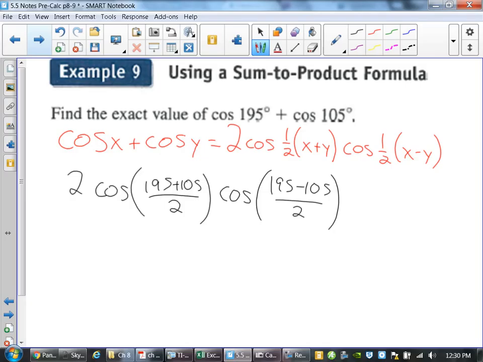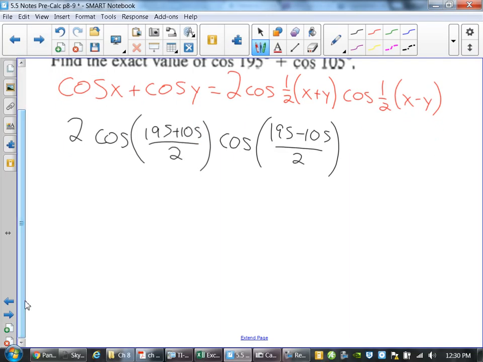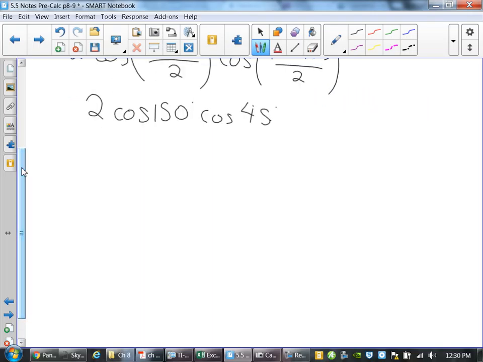Anyway, 195 and 105 is 300. Half of that is 150. I understand. 195 minus 105, half of it. 150 has what as a reference angle? 30 degrees. 150 has a 30-degree reference angle.